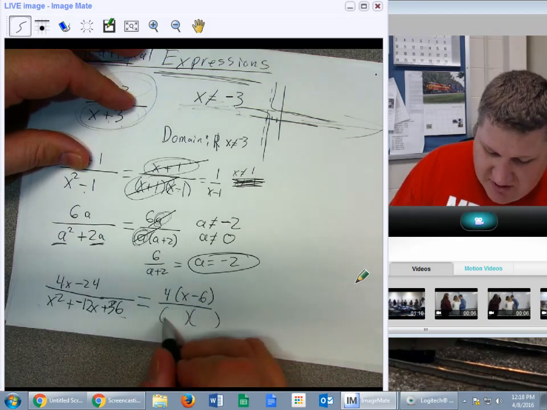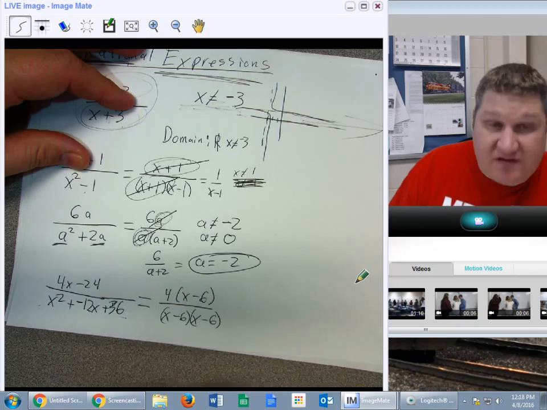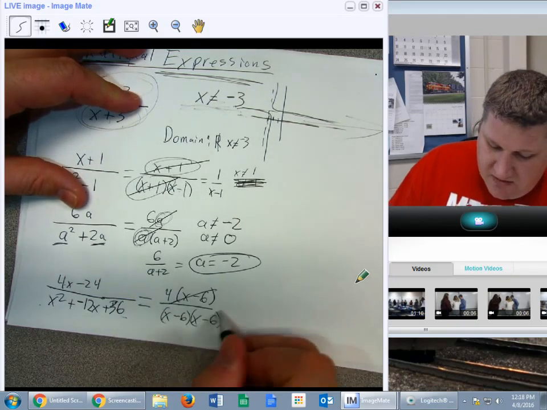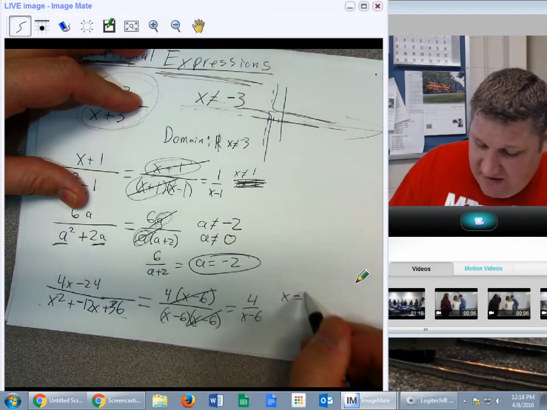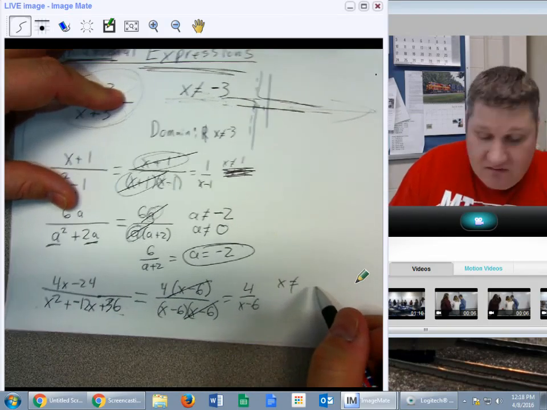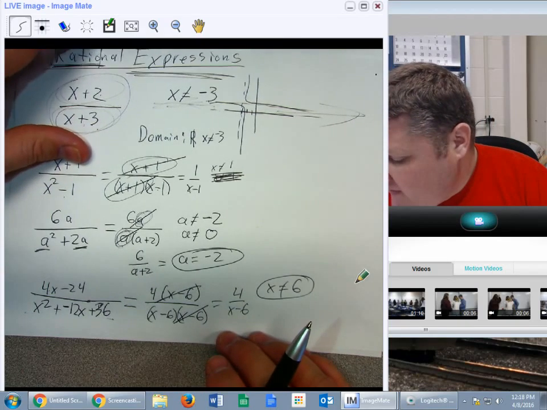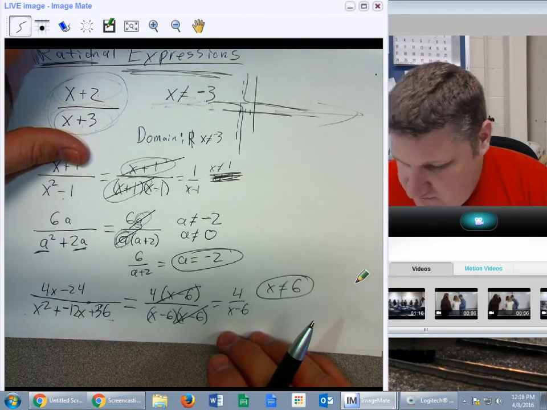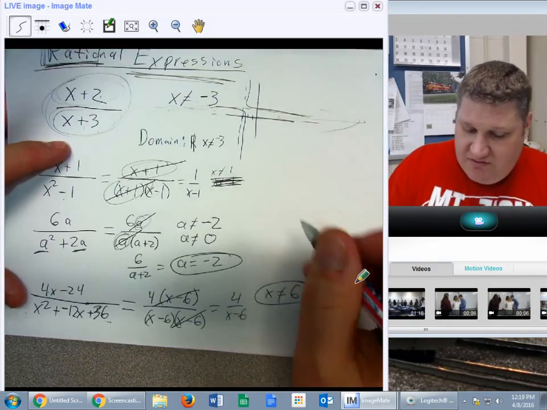There's nothing common, so I break it up: x and x, minus 6 and minus 6. What can I do now to simplify? You can take out x minus 6, leaving 4 over x minus 6. What can't x be? 6. Positive 6. That's it. All right. Question. Yes. Would we ever include a plus or minus sign in this chapter? No. Okay.